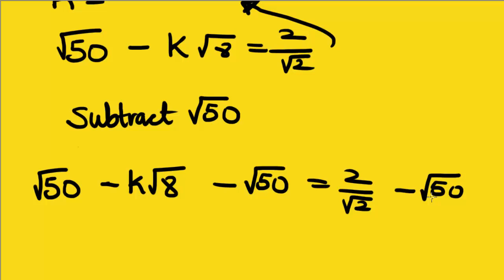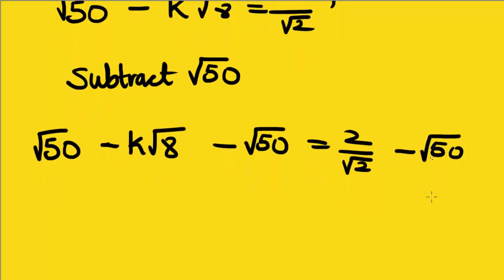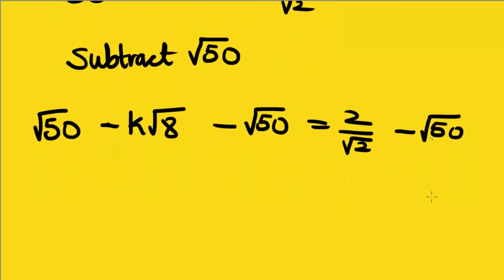Just in case some of you don't understand why you have to do that, imagine you have 2 bags of rice, one on the left and one on the right. Let's say initially the 2 bags had the same amount of rice, and I add 1 kilogram of rice to the bag on the left-hand side.